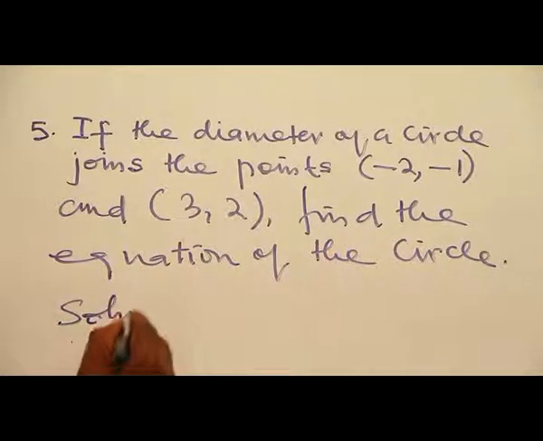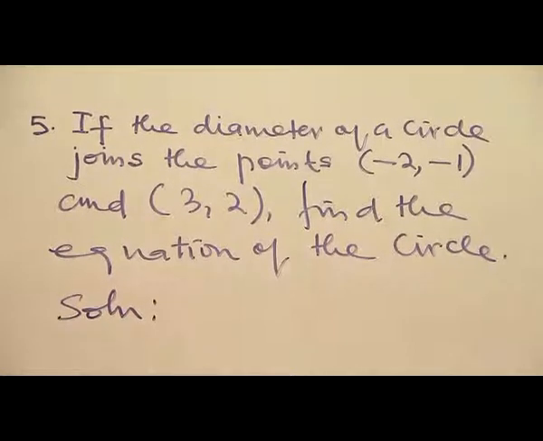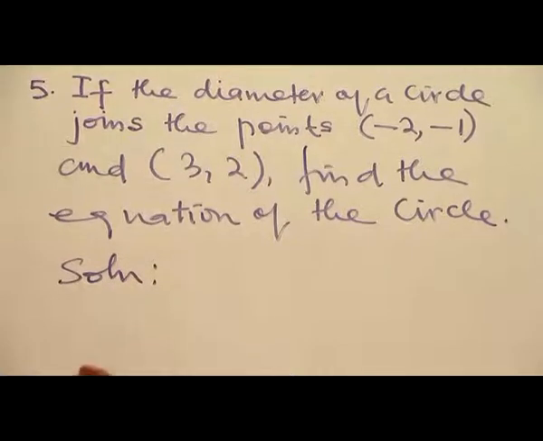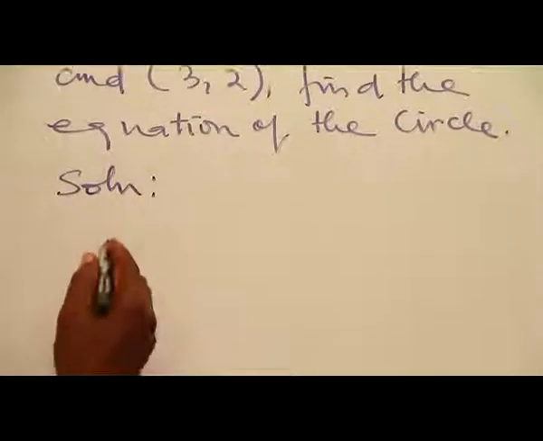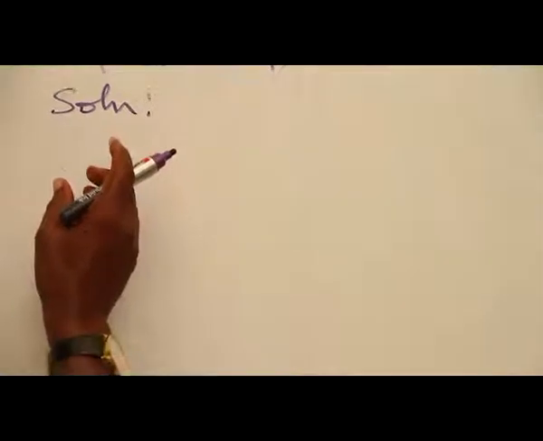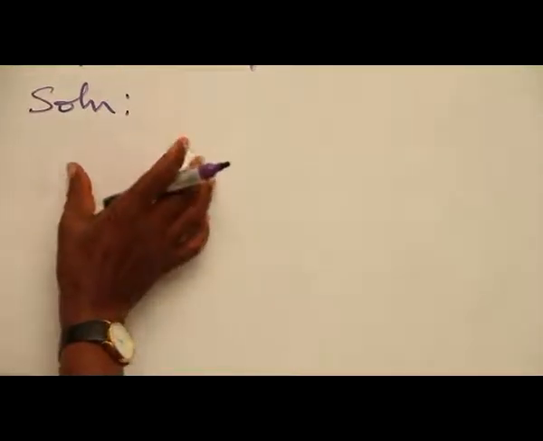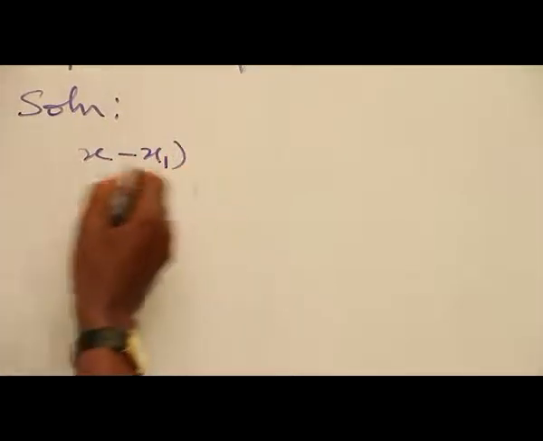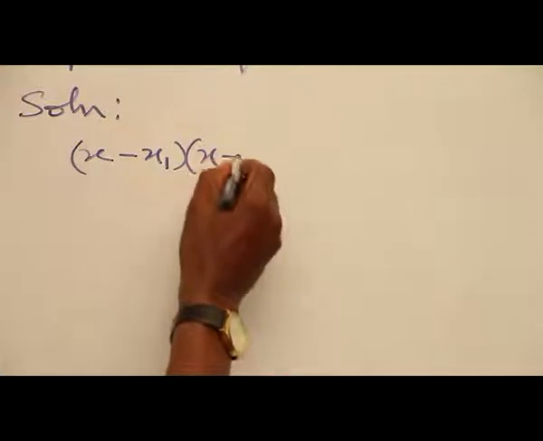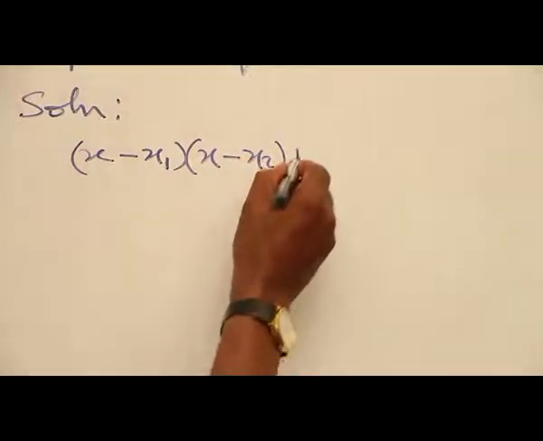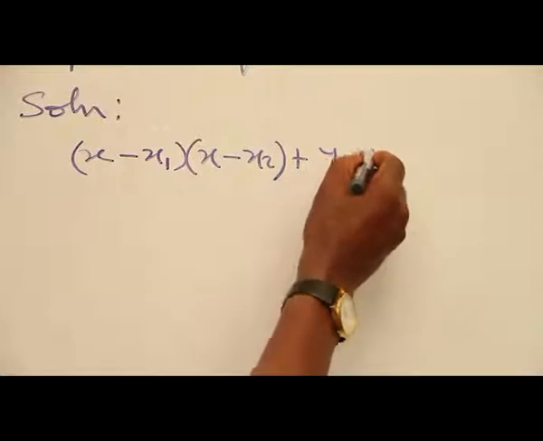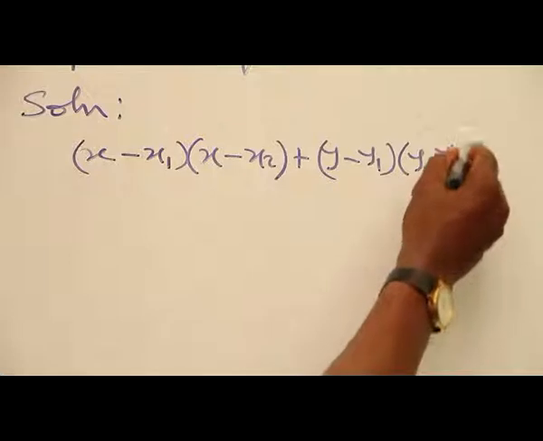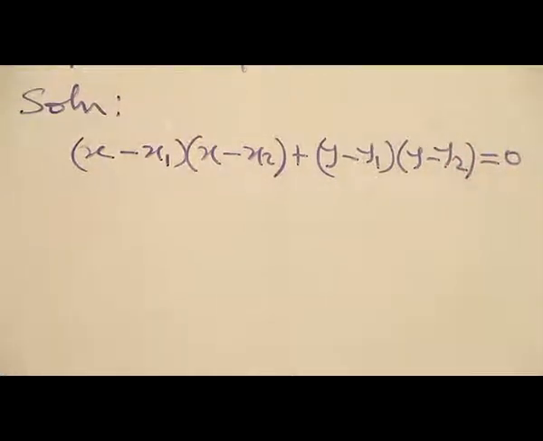Our solution: we have here that the equation of a circle that has the endpoints of a diameter is (s minus s1)(s minus s2) plus (y minus y1)(y minus y2), everything equal to 0.